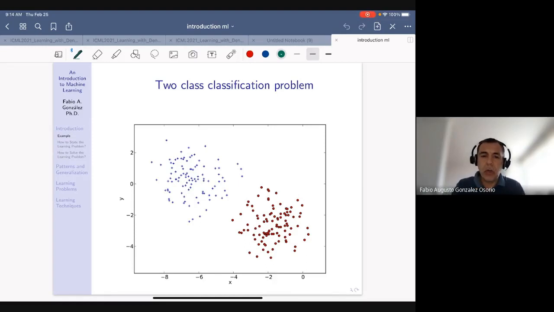There is a process of feature extraction to extract some features, in this case only two features. Based on that, I want to build a model that is able to classify a new message either as spam or as a normal message. This is a typical problem.